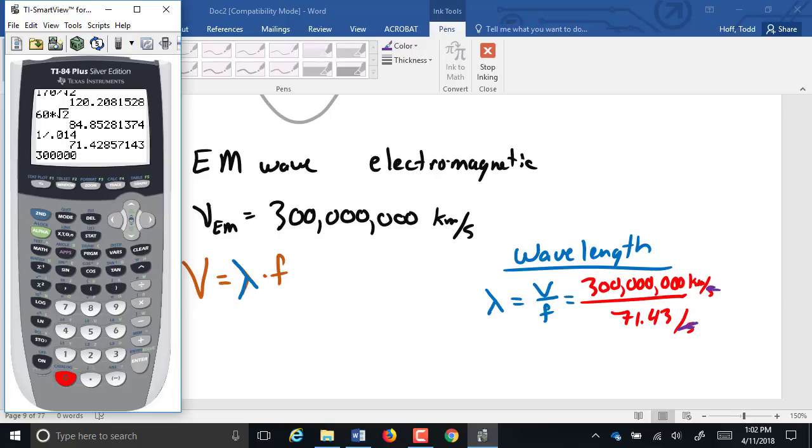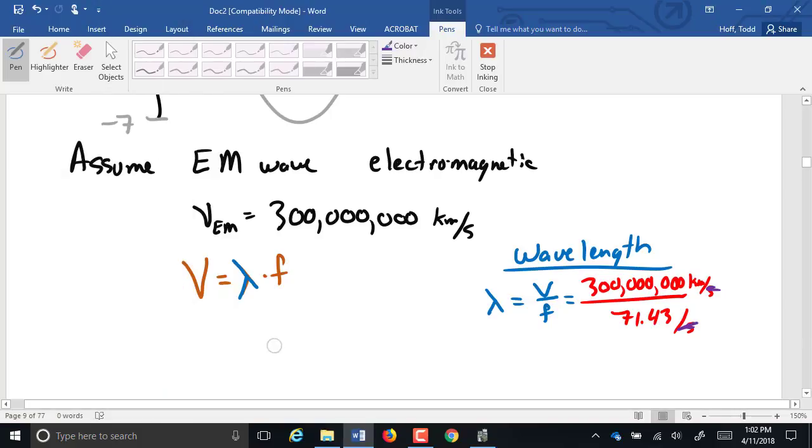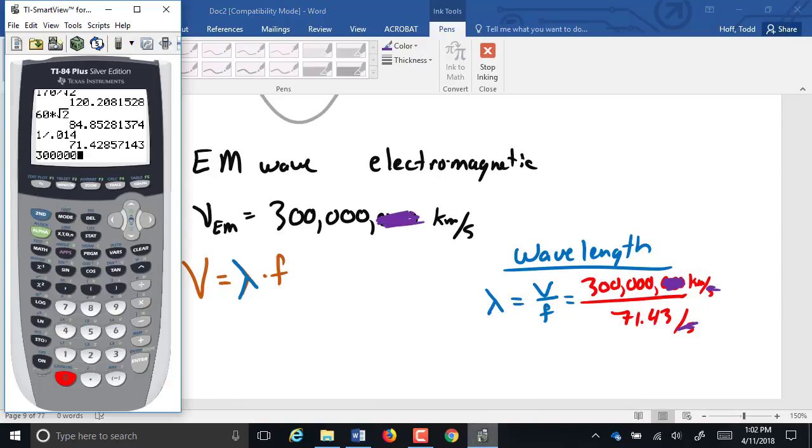I said 300,000 or 300 million. Should be 300,000. It'll be 300 million meters per second, but we can leave it as kilometers. So 300,000, I should say. Sorry about that. I was saying 300,000, but writing down the wrong thing.